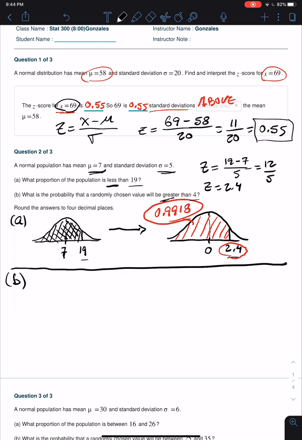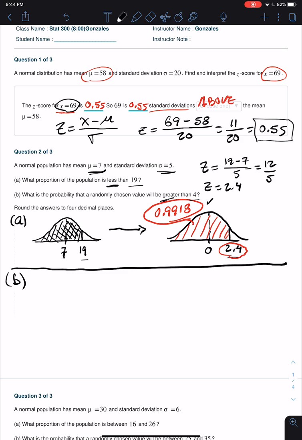We're still told to round your answers to 4 decimal places. Well, that's the exact value my z-table came in, 4 decimal places, so I couldn't round any more than that. That's all that was given to me. Anyhow, what's the probability that a randomly chosen value will be greater than 4?